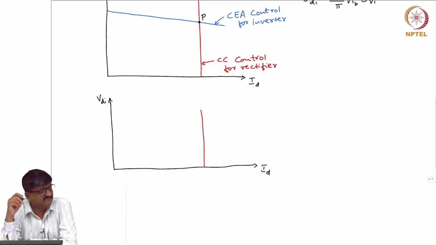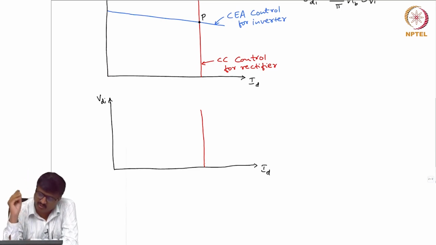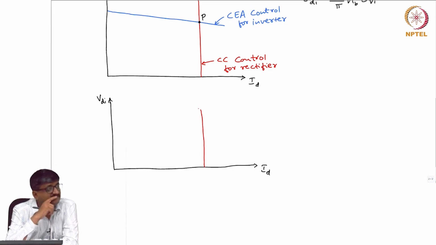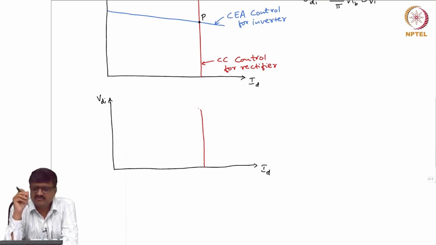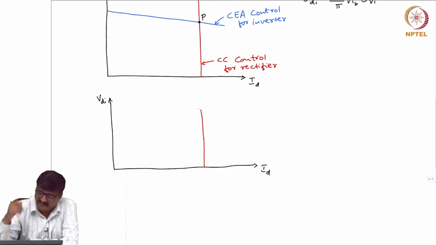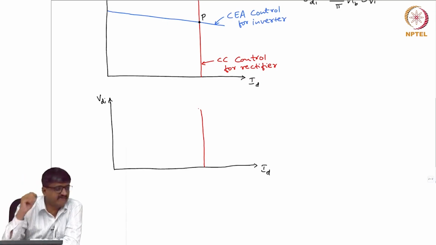Now, what is the highest value? Can it go infinitely? What is the maximum possible value of VDI along this straight line? Suppose I consider only the CC control characteristic for the rectifier. I will come to the inverter later. I am just taking one curve at a time now.